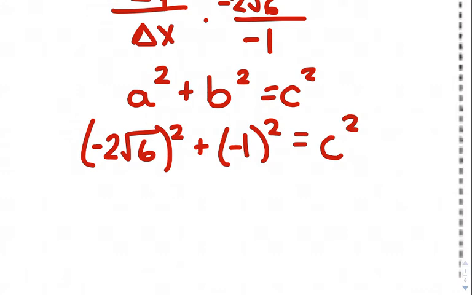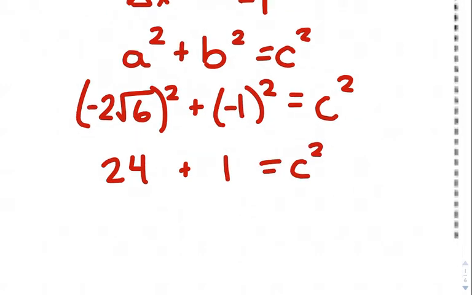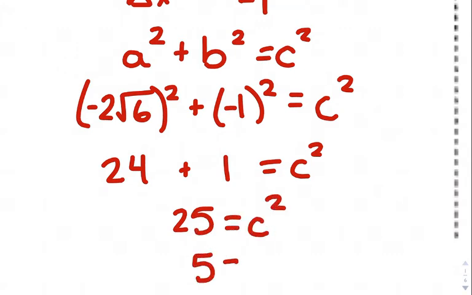If you don't put parentheses, it's not going to come out the right answer. When you do that, you actually get the number 24. -1 squared is a positive number, so it's +1. Well, 24 plus 1 is 25, and then I take the square root, so I get 5 equals c.